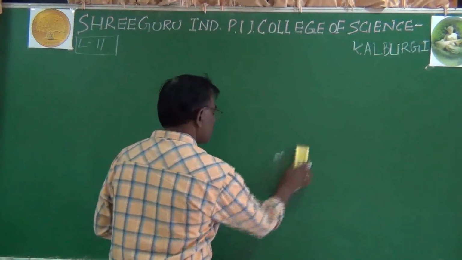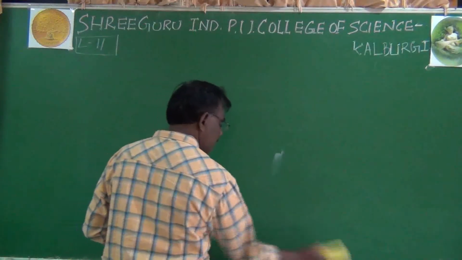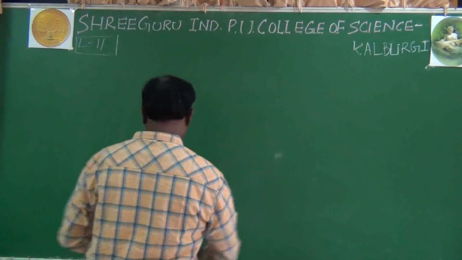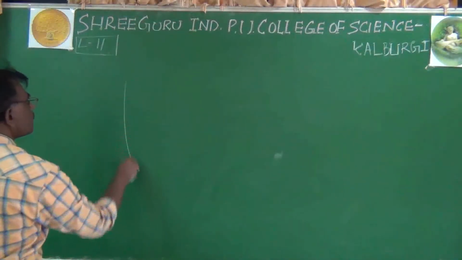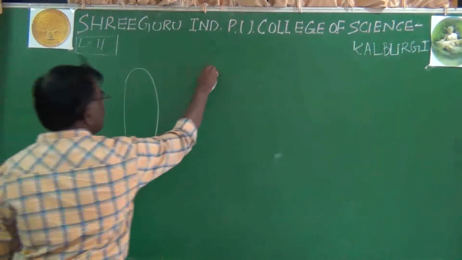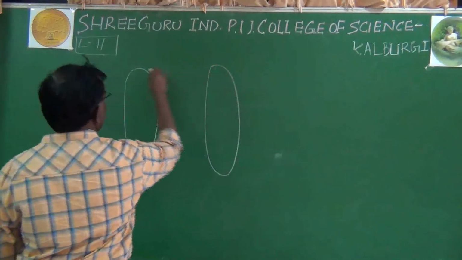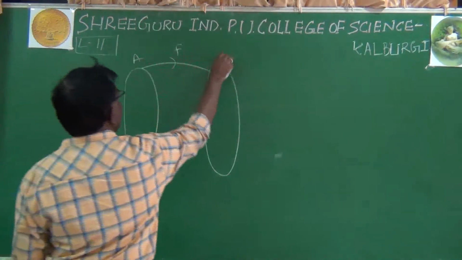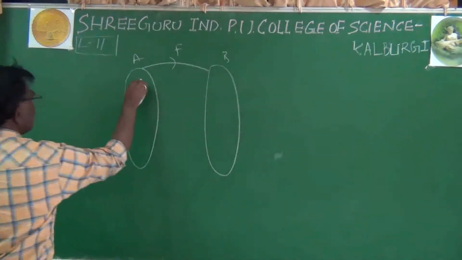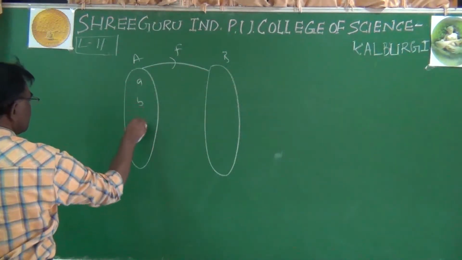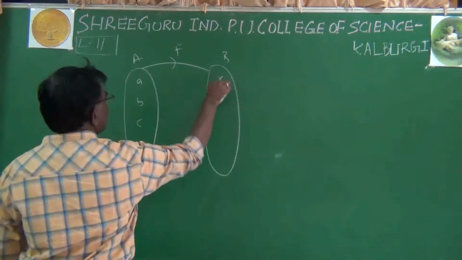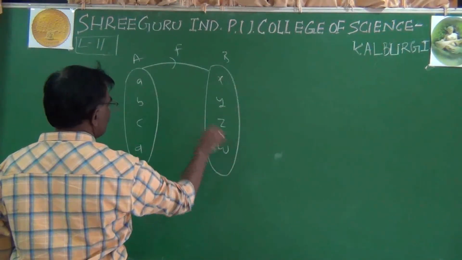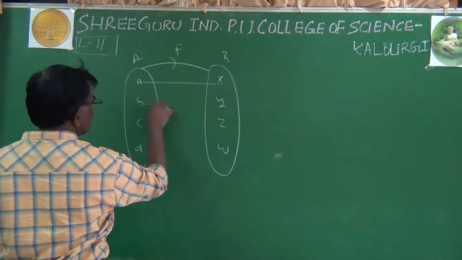I will explain one example. For example, it is set A and set B, and f is a function from A to B. Now I am taking A as a, b, c, d and B as x, y, z, w.